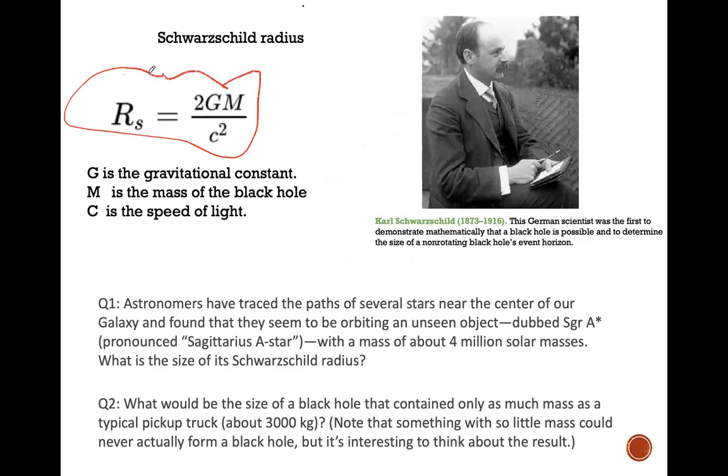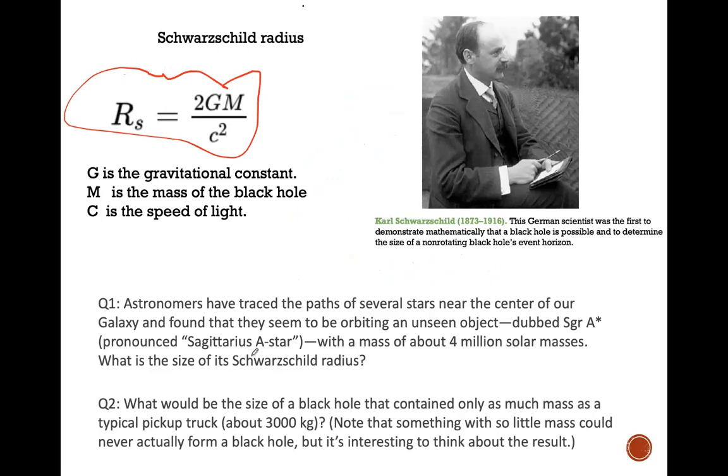At the same time, I gave you an example which is a bit unreal. If you consider a typical truck with a mass of 3,000 kilograms, then think about what would be the Schwarzschild radius for that.